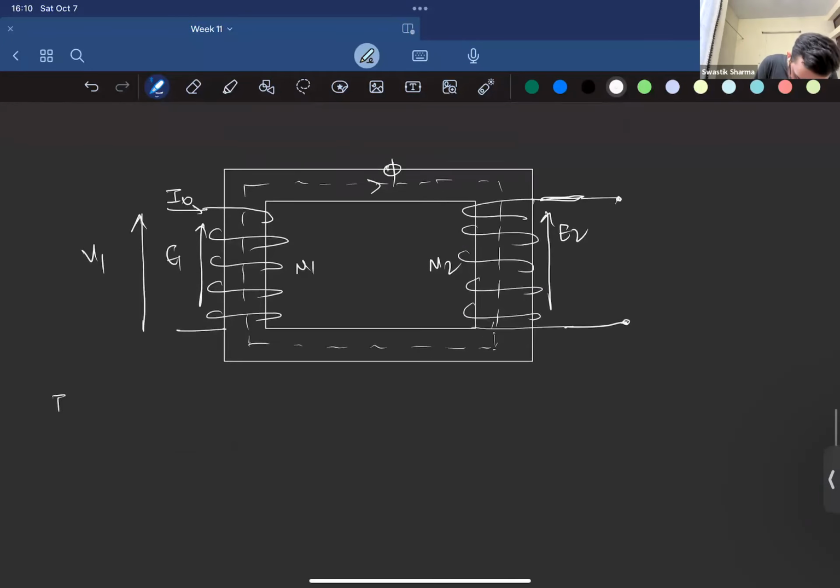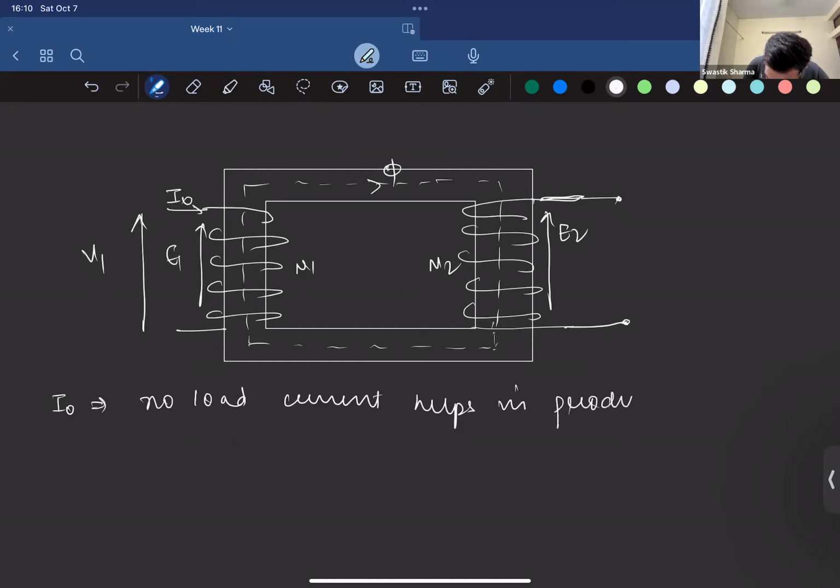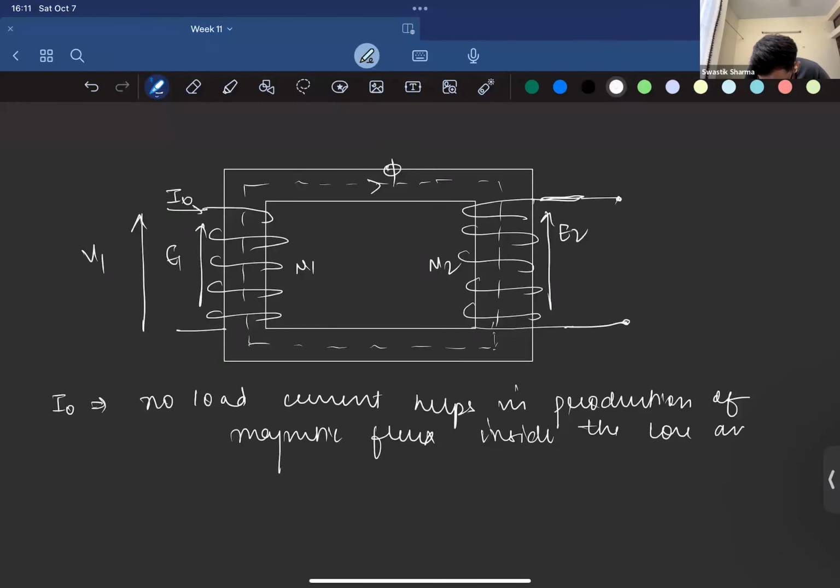This I naught is called no load current. This current is responsible for providing the induction, or it produces the magnetic flux inside the core, right? And it induces an EMF at secondary side, right?